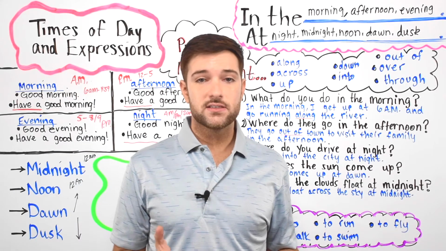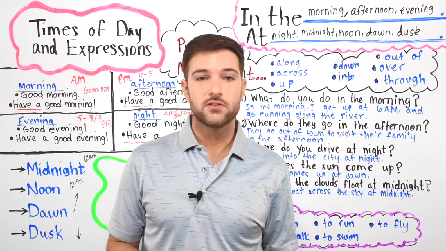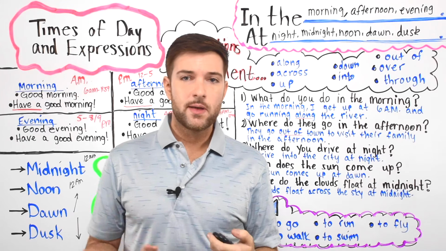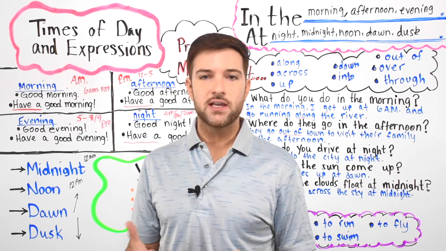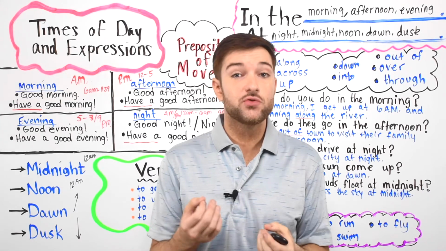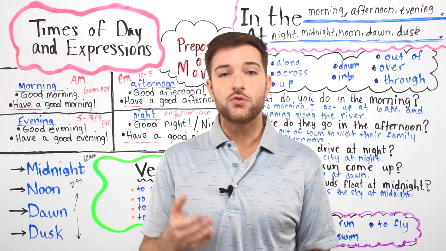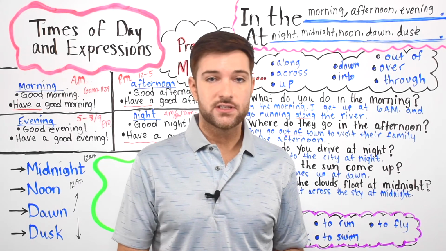Before we end this lesson, I also want to talk to you a little bit about some additional verbs. For example, when we're remembering time phrases, generally they come at the end of sentences unless you really want to stress the time of day, in which case you would put the time phrase at the beginning of whatever sentence you have.